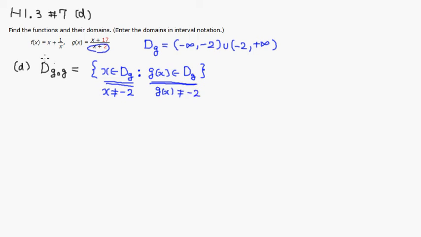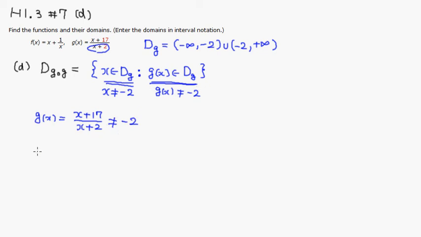Now g of x is given as (x plus 17) over (x plus 2), right? So we don't want this to become -2. So we just have to solve this inequality.